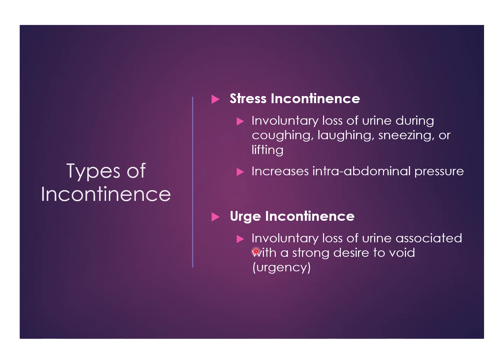Urge incontinence is an involuntary loss of urine associated with a strong desire to void. So in this, there's usually something going on with an increased sensation of having to void that's so strong that someone can't overcome that sense of urgency to void, and they might have involuntary leakage of urine.